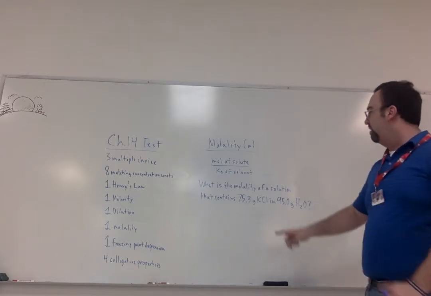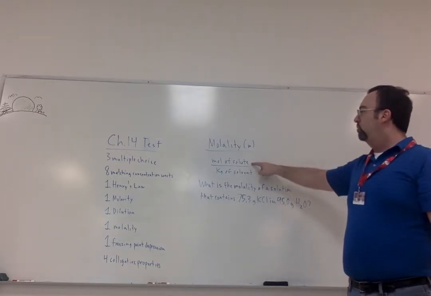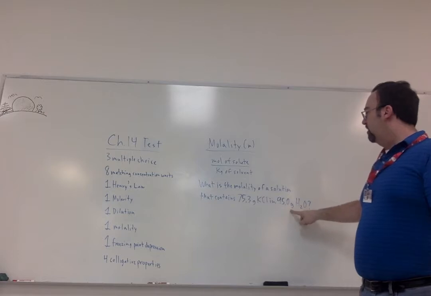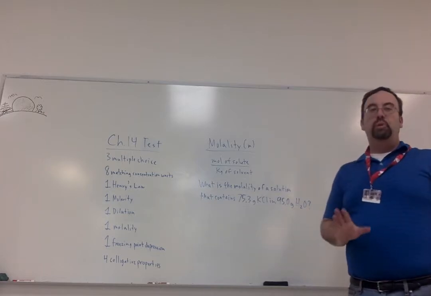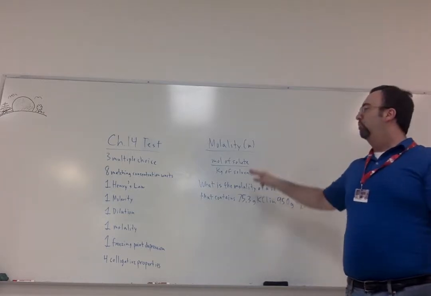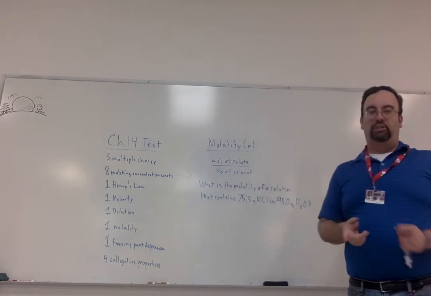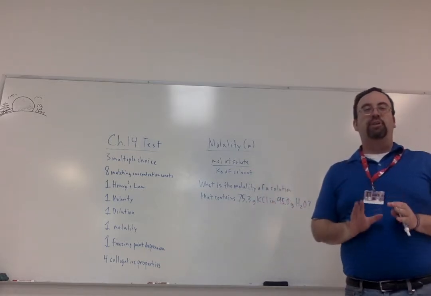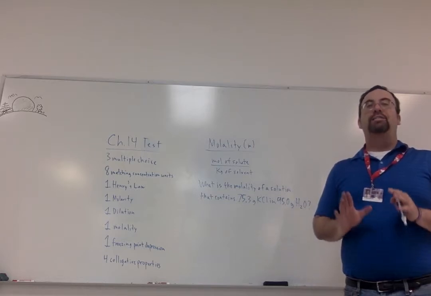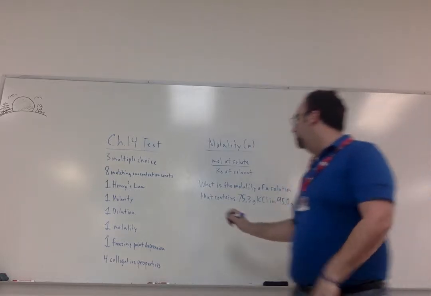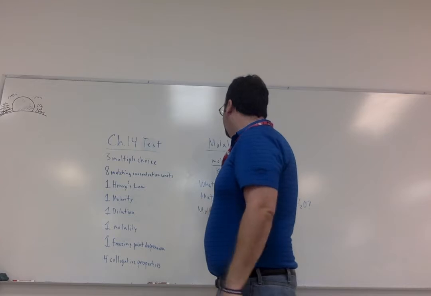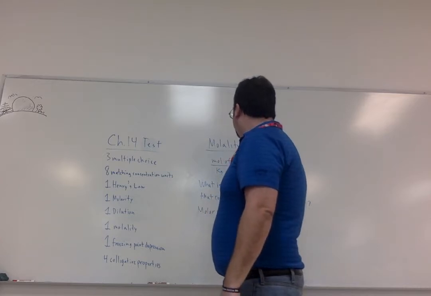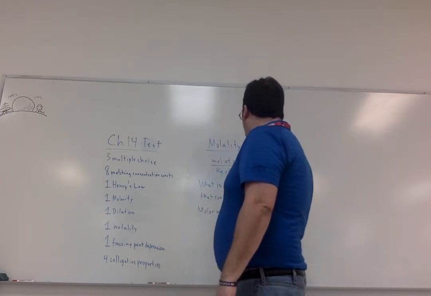And so notice again, we need to first find the moles of solute. We can convert this easy enough to kilograms. Once we have the moles and kilograms, then we'll do this math and we'll get our answer. So let's go ahead. Notice again, we need to first figure out the molar mass of the potassium chloride. So let's do that first.